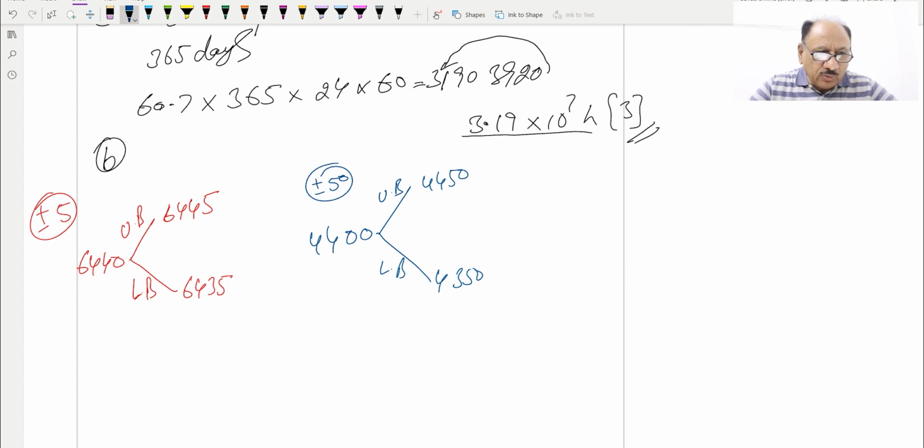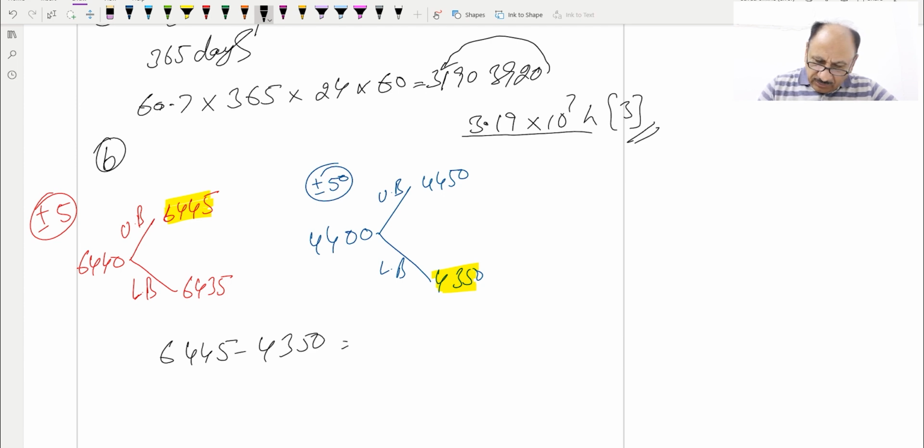Now they are saying calculate the upper bound of the difference between the lengths of the Amazon River and the Congo River. So for the upper bound of the difference, we take the upper bound of the maximum value and the lower bound of the minimum value, and subtract, and this gives the maximum difference.